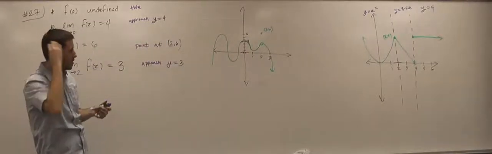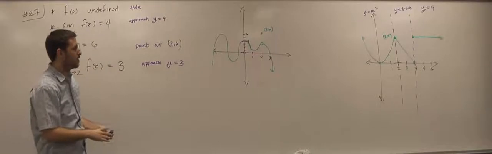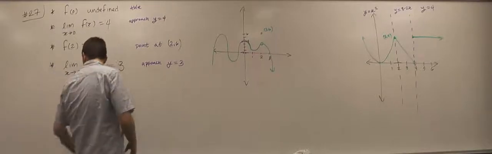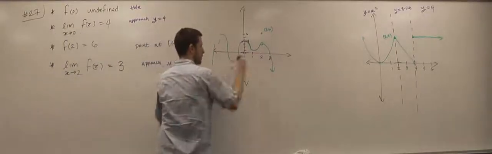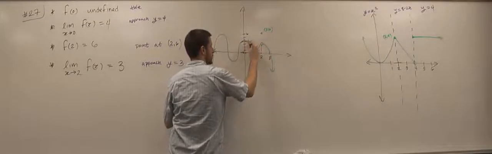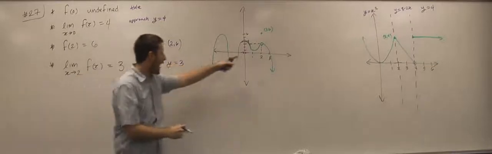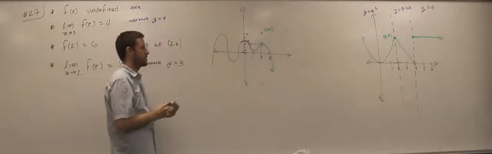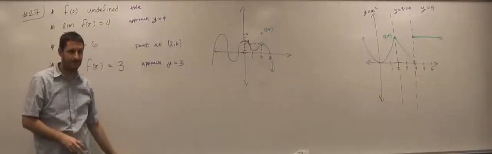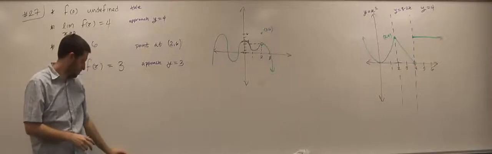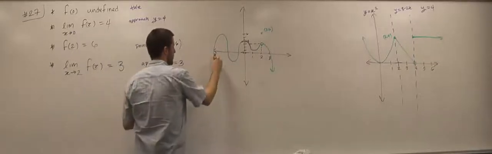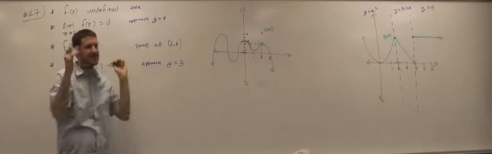Got a gaping hole. So as x goes to 2, we're approaching the y value of 3 like we're supposed to, but actually at 2, the function's up at 6. This stuff in between where I decide to go up and down, it doesn't matter.